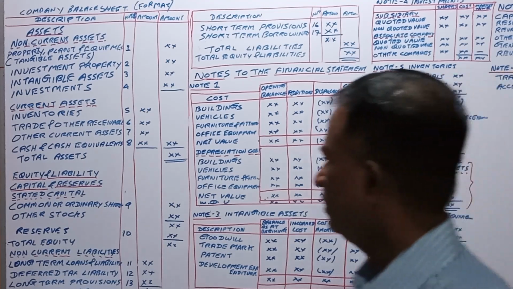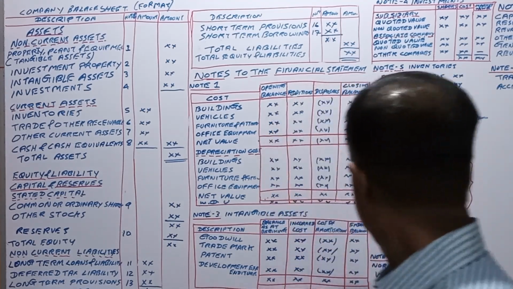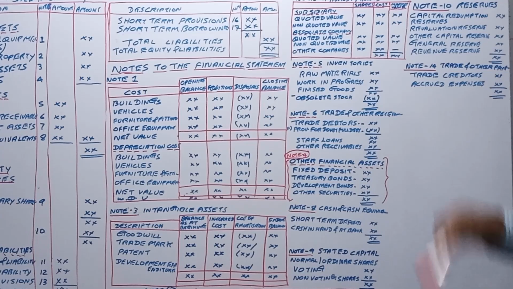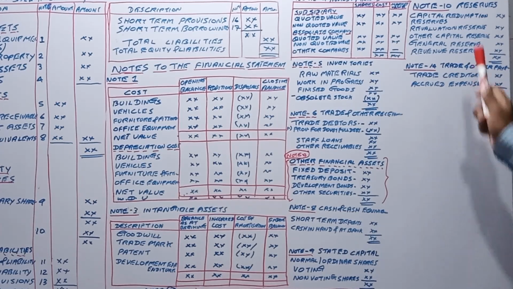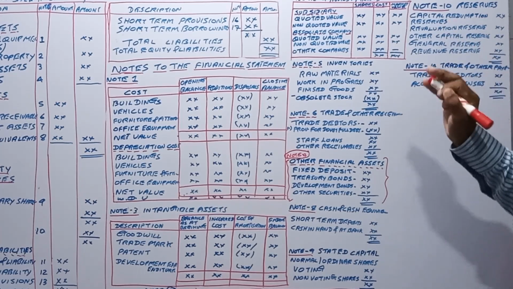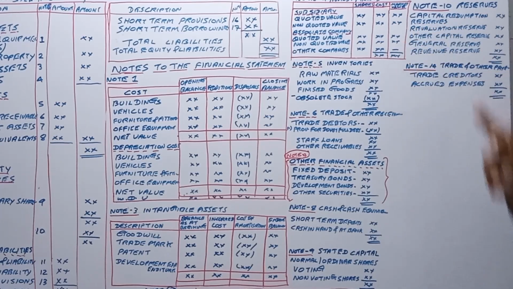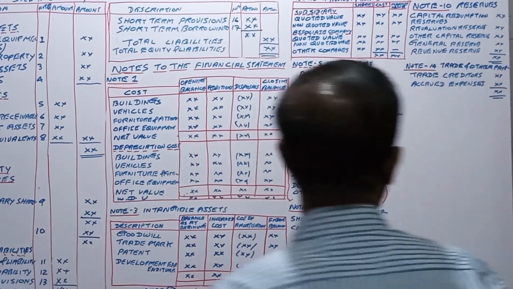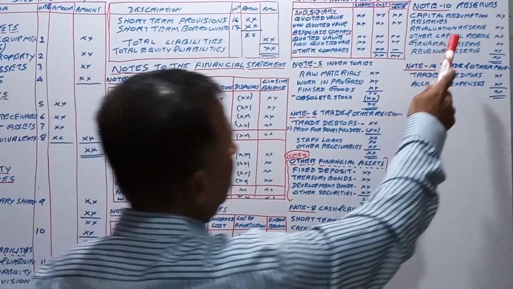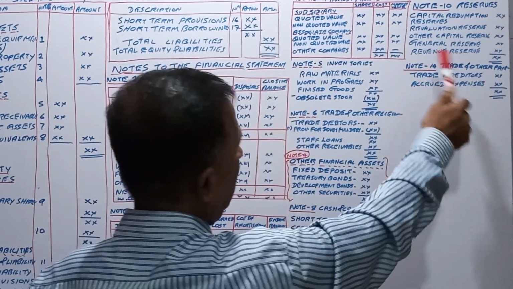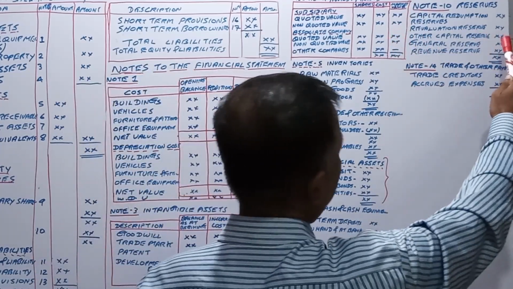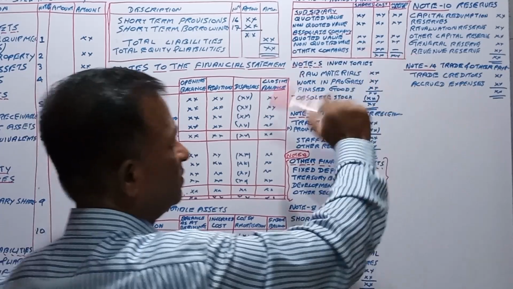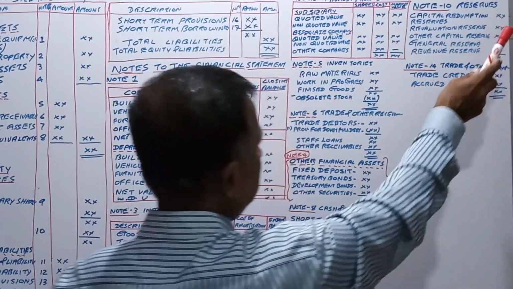So the next one is reserves. Now we can see note number 10, that is reserves. In the reserves we have several types of reserves. Out of those, one is capital redemption reserve and revaluation reserve, which you have gone through, then other capital reserves, general reserves and revenue reserves, right?